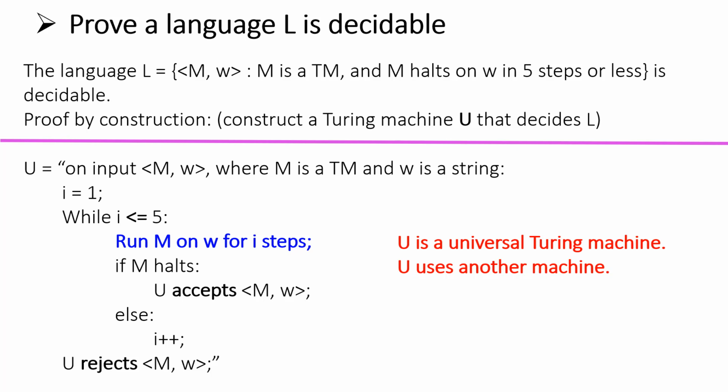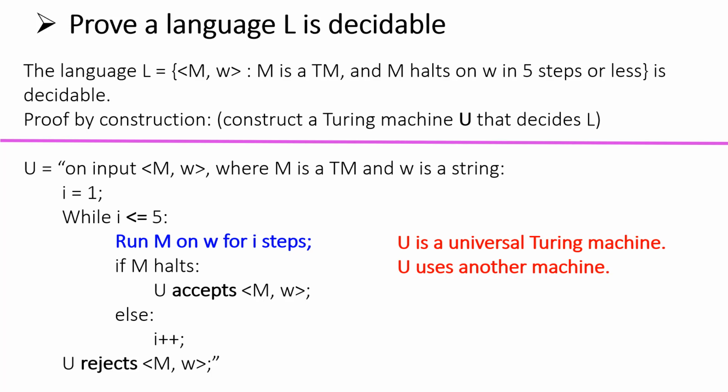If after 5 iterations, you have not given an accept answer, that means M does not halt on W in 5 steps or less. Knowing this, you can reject MW and halt, because this means MW is not a member of L.